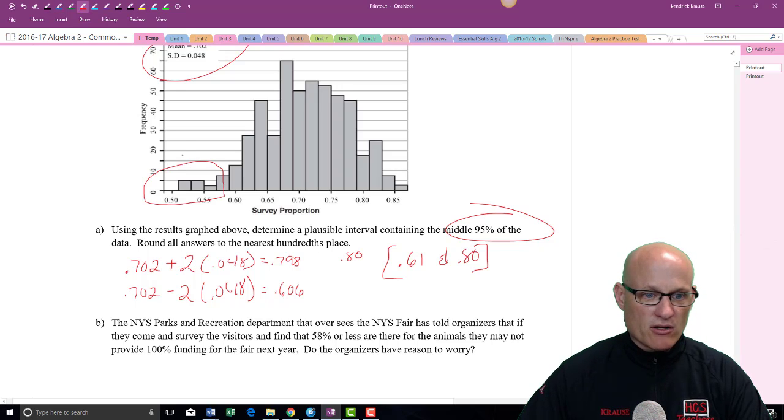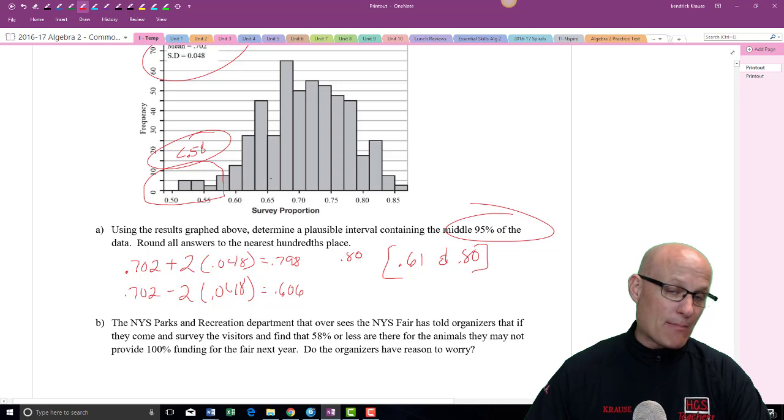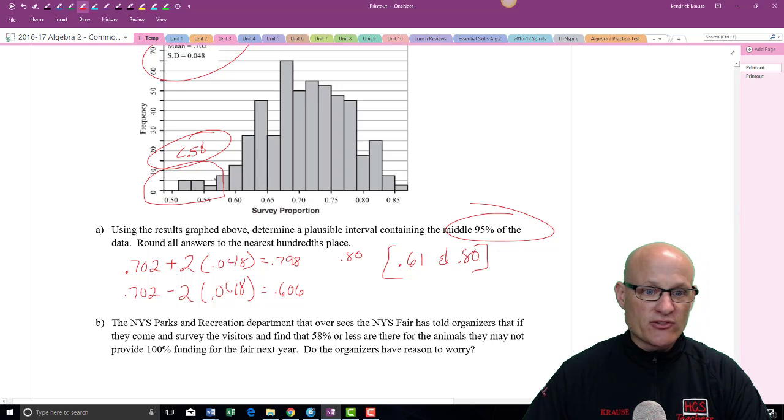So all of these are less than 0.58. So maybe they could come up with one of these. Maybe they can come up with one of those. But let's see how probable it is. If I take all those, that's like 7, 8, 9, and 2 more make 10, and that's 5, 10. So 9, that's like 19.